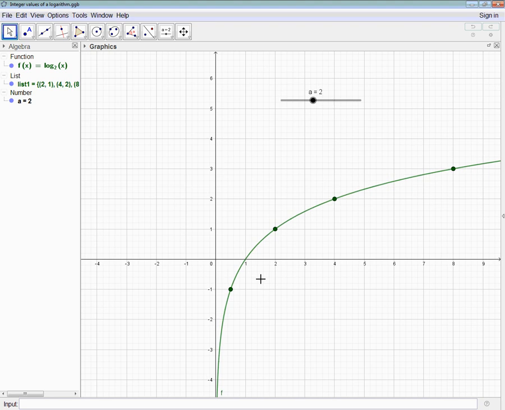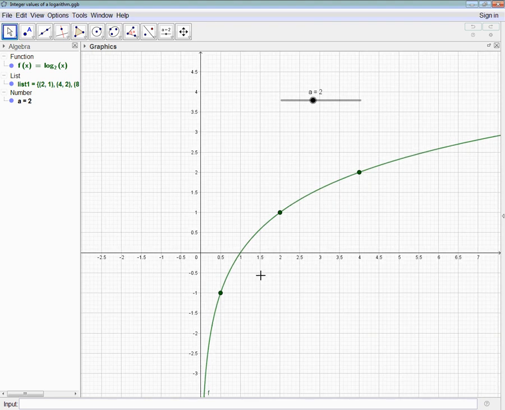Let me zoom in. It crosses the x-axis at 1, and the reason for that is because the log of anything, of any base, at 1 is 0. Because remember, in this case, 2 to the 0th is 1. Right?